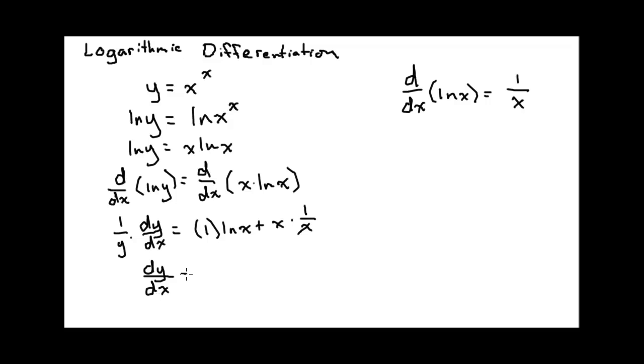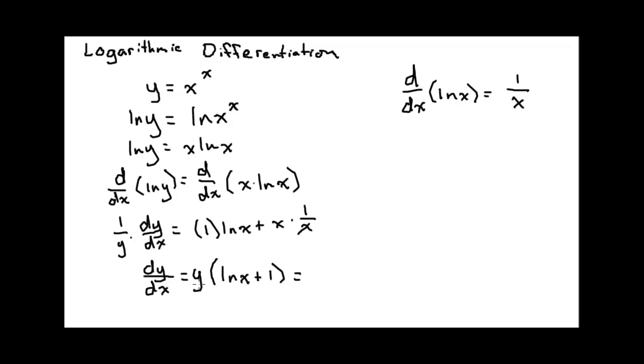Now, we want to get the dy dx by itself, so we don't like this 1 over y, so what we'll do is multiply everything by y, and then just simplify the rest a little bit. Plus x times 1 over x is just 1. Now looking here, y times ln x plus 1. Notice we have x and y in this answer. Really, we just like x.